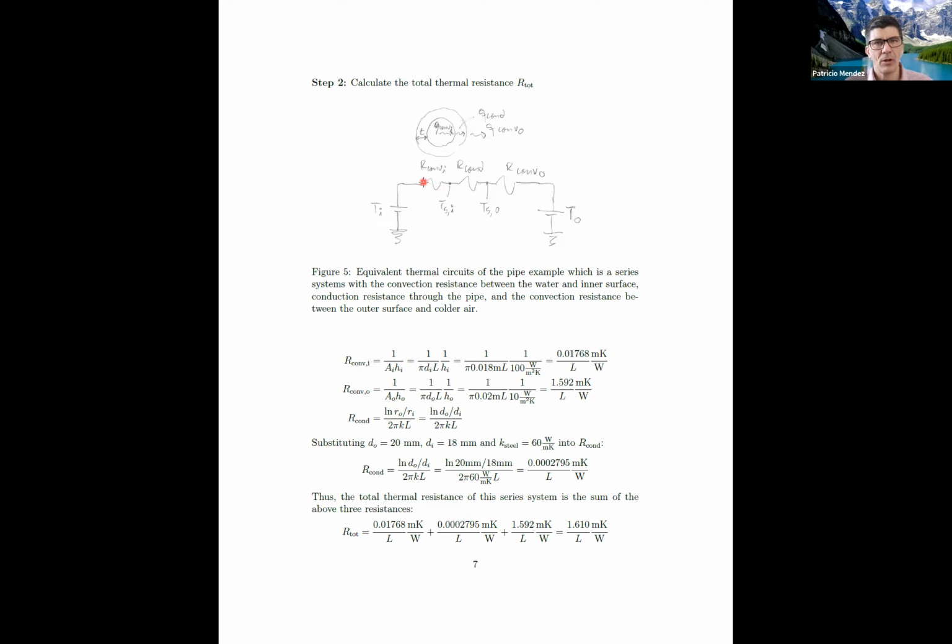And when we add them all up, we saw that the thermal resistance of convection inside the pipe was small, the resistance of the pipe was super small, and the thermal resistance of convection outside the pipe was dominant, the largest one, and was the one that controlled pretty much the whole transfer process.